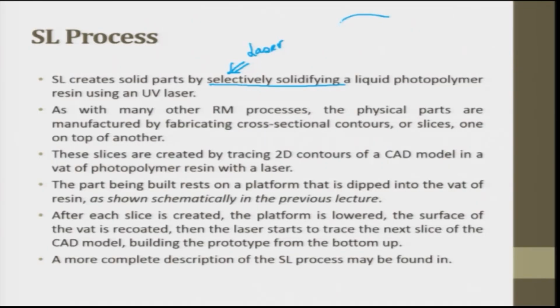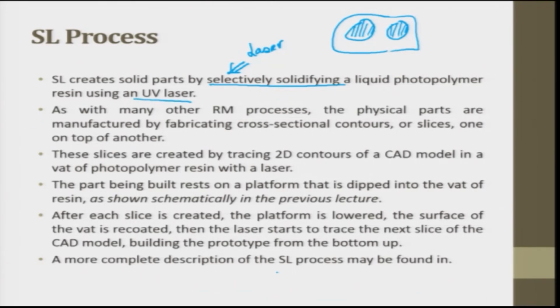For example, if you have a layer and you have two islands, okay, only these islands have to be cured. It is possible, the rest you don't even have to touch. Or two islands alone are not to be touched, and the rest of the layer has to be cured, that is also possible. So it will cure. So it is selectively solidifying a liquid photopolymer resin using a UV laser.